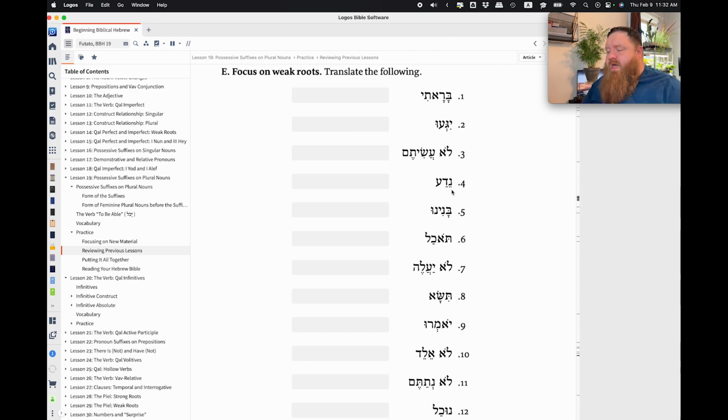Number 4, we have neda. This is 3 letters, which is good news except for the fact that it can't be Cal perfect because that would be kamets patach. And this is not kamets patach, this is sere patach. So when else would we get 3 letters? Well, we could get 3 letters with an imperfect that is missing something. So noon is a prefix that we encounter in the imperfect, but it's usually noon hirik.